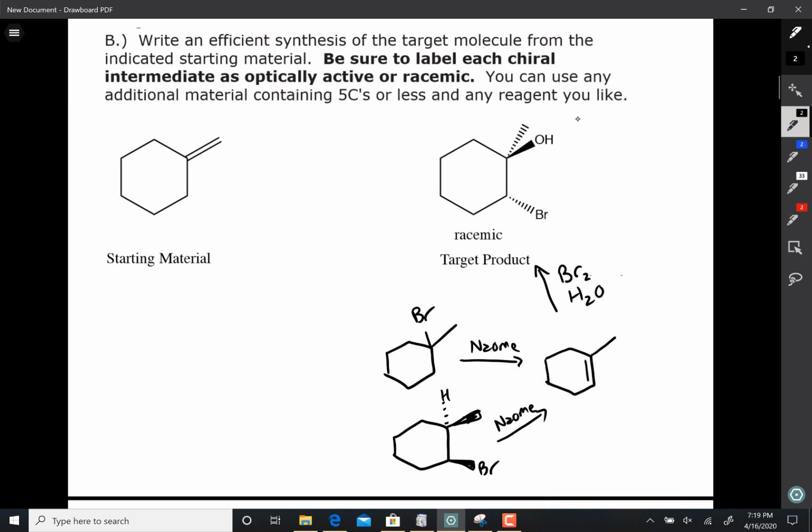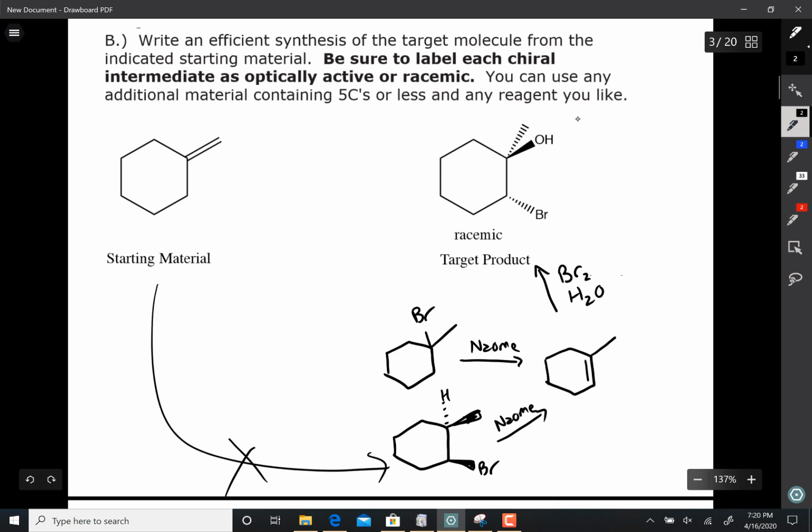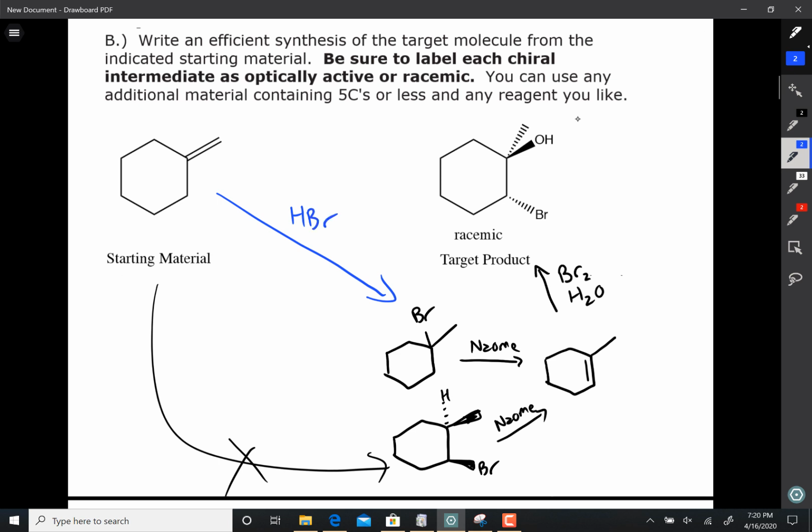And we see that we may not be able to find an easy way of going from there to there, but we do have a way of going from there to there, and that's simply just adding HBr. Like so.